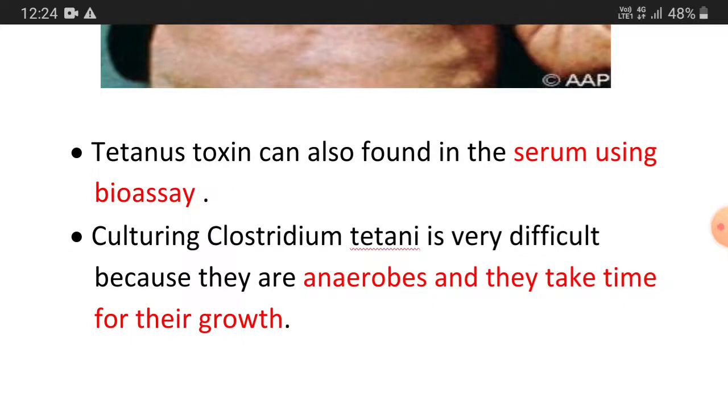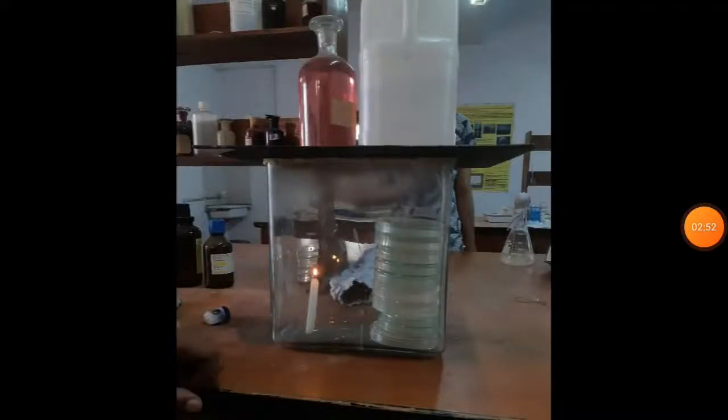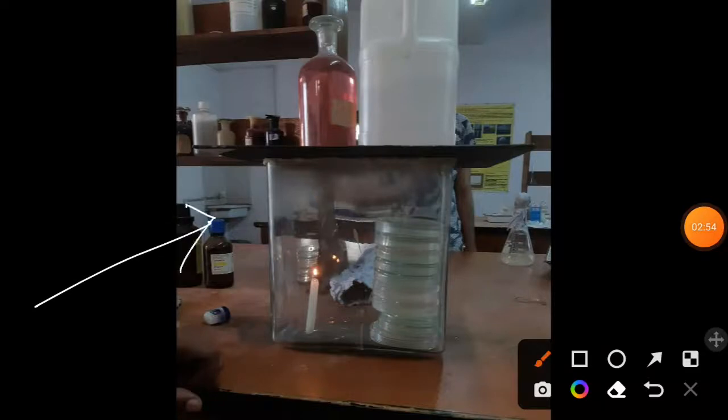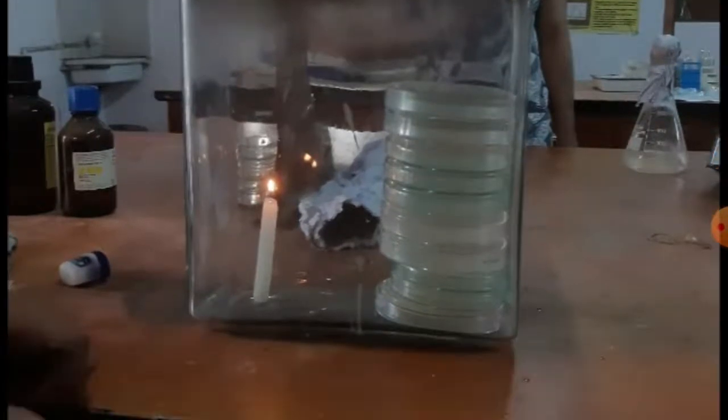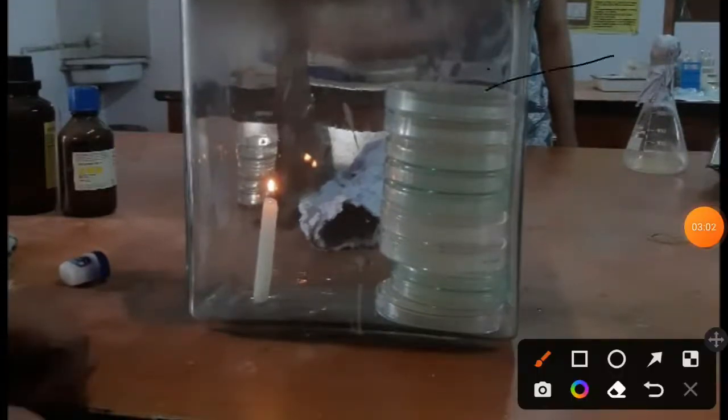A type of infrastructure that will ensure an environment free of oxygen, okay. That is the environment that we have created in our college. Inside these petri plates we have cultured the anaerobic bacteria, okay.